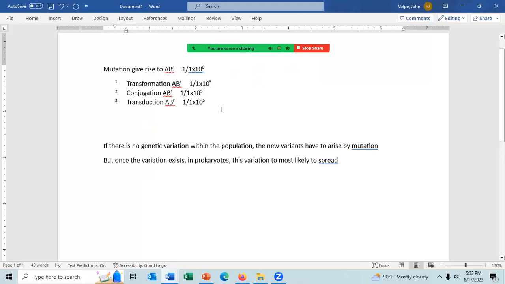Once the variation exists, it's more likely to spread by transformation, conjugation, or transduction, and will happen 10 times more frequently than it will happen by mutation. Any question about any of that?